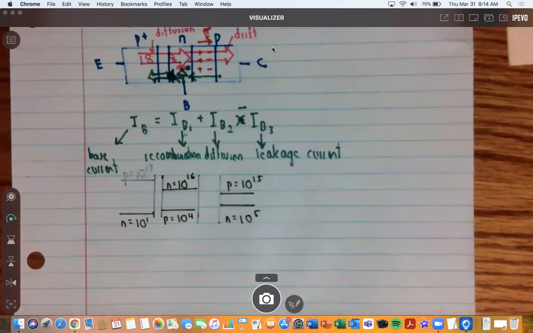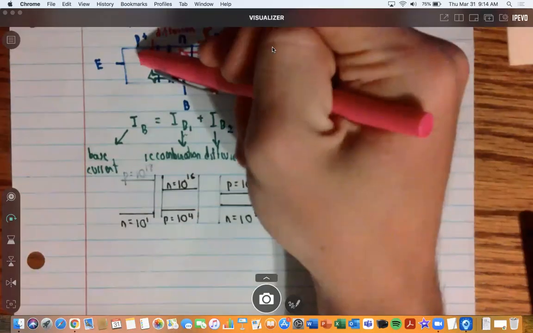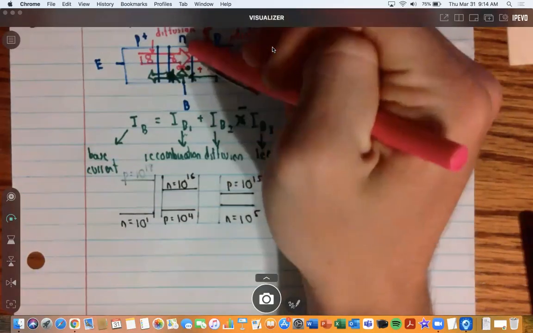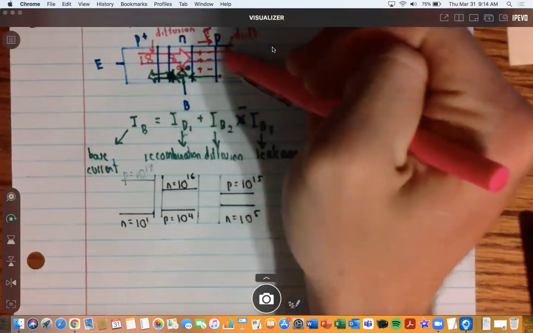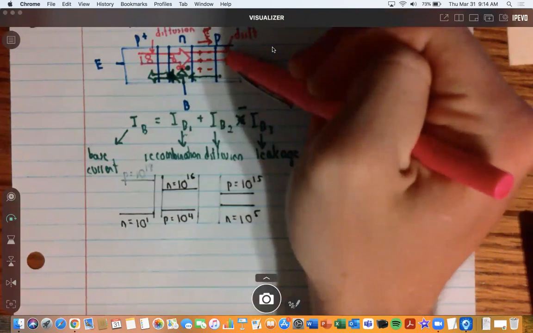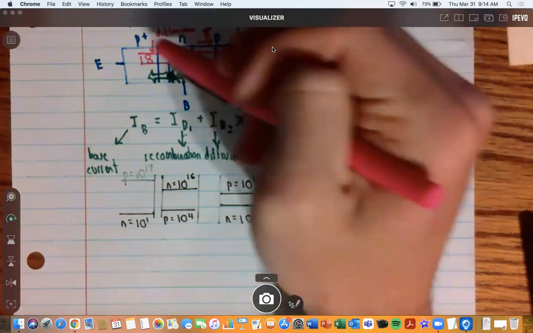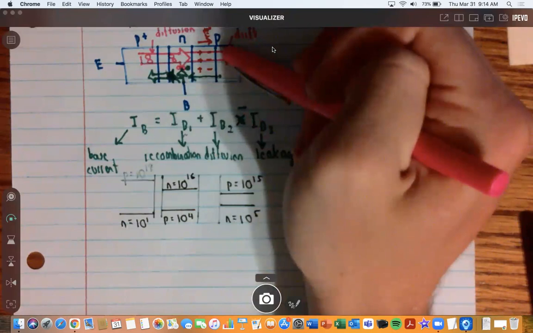And so basically what happens is, let's just start from the basic point. Due to these holes that are moving from the P to the N side, there's going to be a lot that are going to go over and they're going to be able to make it to the other P terminal. So they started from the emitter and a lot are going to go to the collector.